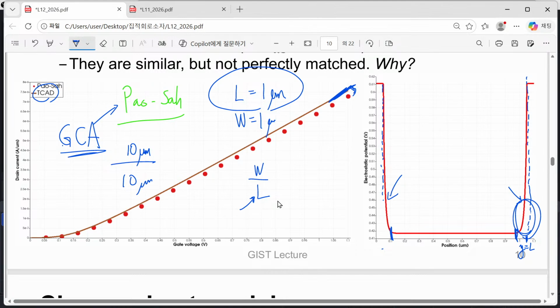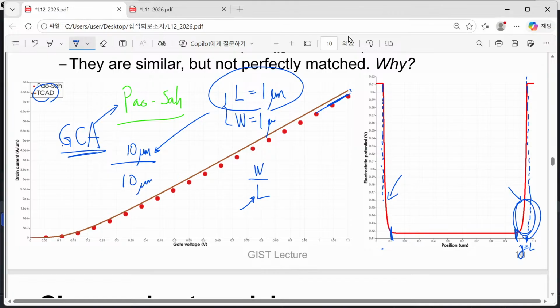So although the length is 10 times longer, the dead zone length is the same, so this effect is much more diminished. So we expect that if we switch from 1 micro by 1 micro to 10 micro by 10 micro, the real long channel limit, we will have a much closer result for our TCAD simulation, the numerical calculation.